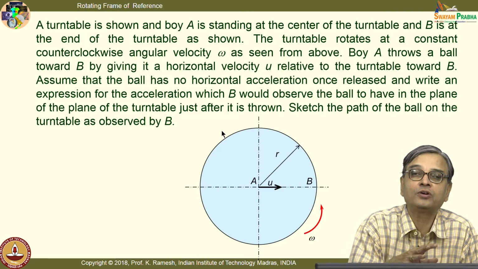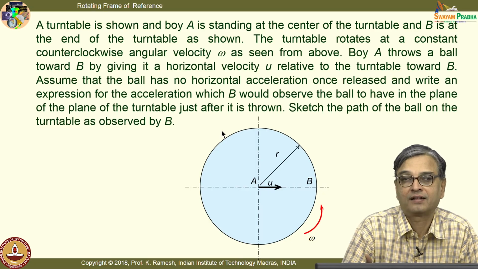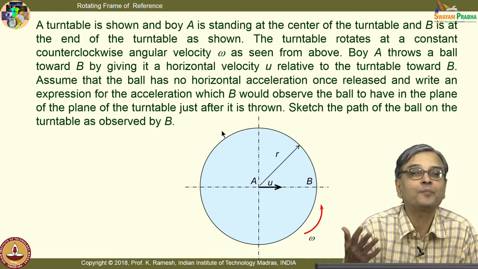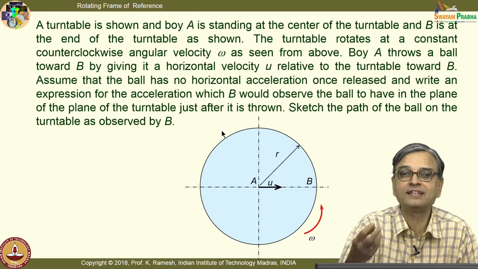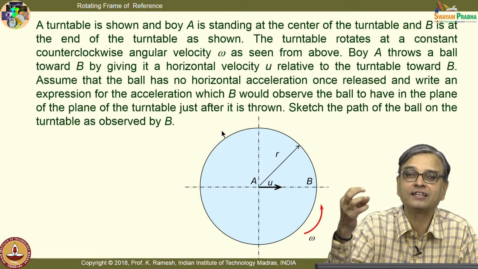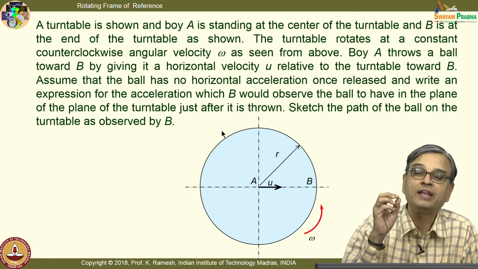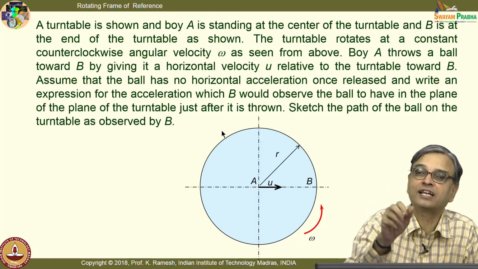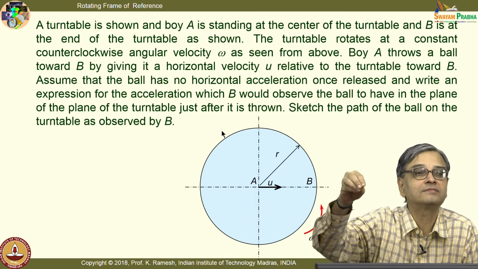So, I am going to put the rotating frame of reference where? I will attach it to the point B, because when I put the rotating frame of reference, I have already said the observer is sitting at the origin and observing what is happening. When a ball is thrown in space, there is no connection between that and this. What way will it travel in space?